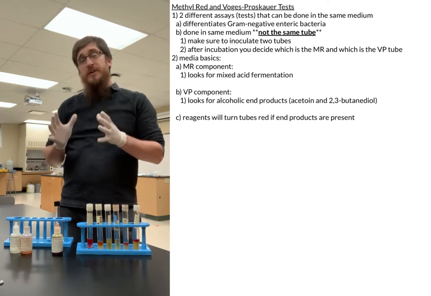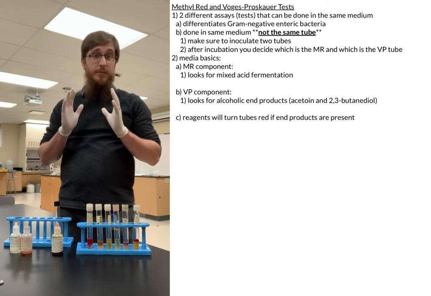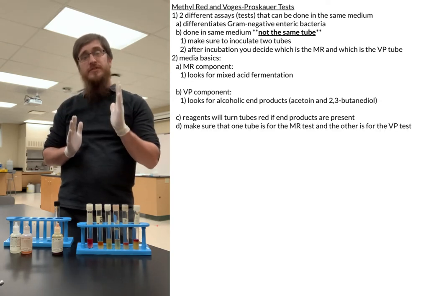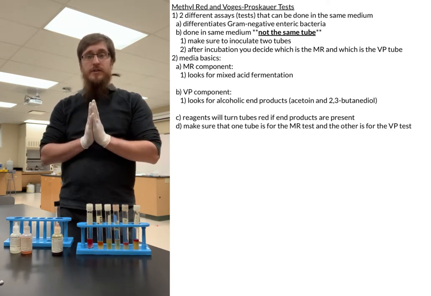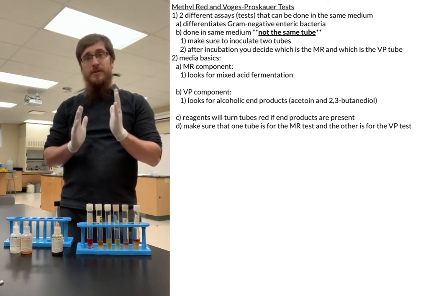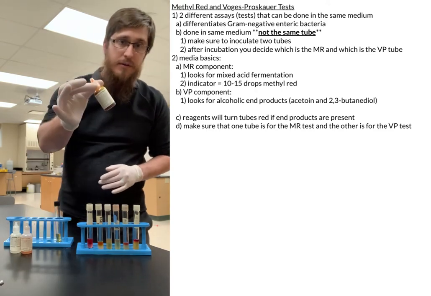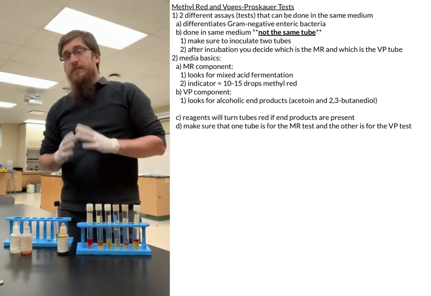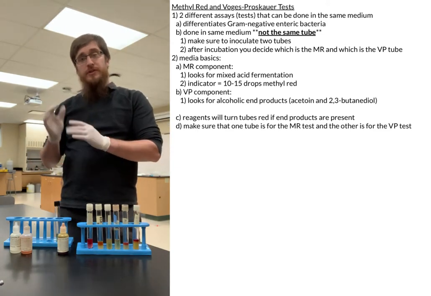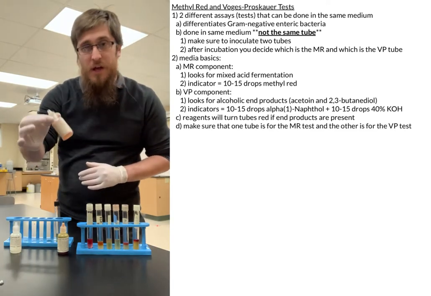Now, as I mentioned, we have to add reagents to our tubes, and this is where it becomes really important that we designate one tube as our MR tube and one tube as our VP tube. For the MR test, our methyl red test, you're going to be adding about 10 drops of methyl red. Pretty straightforward there. For the VP tube, you do have to add 10 to 15 drops of alpha-naphthol.